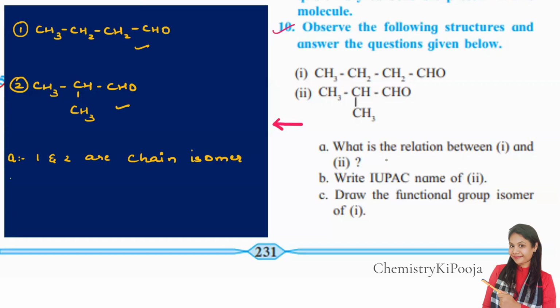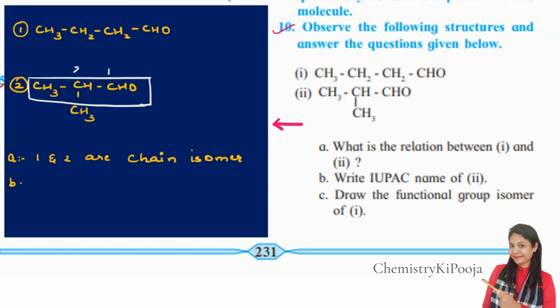Clear? The next one, B: write the IUPAC name of the second compound. For writing the IUPAC name, I'm going to select the longest chain containing the functional group. This is the longest chain, and I'm going to start numbering from the side where the functional group is present.